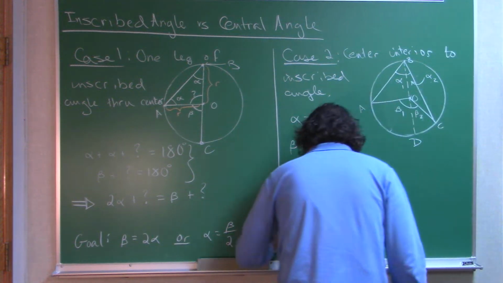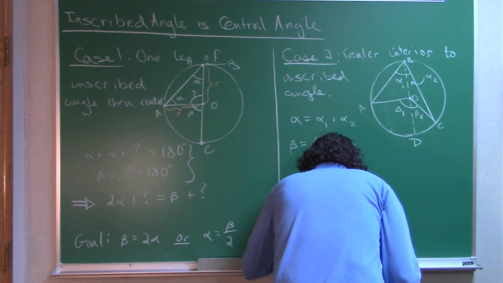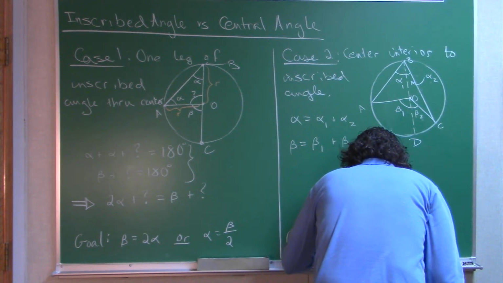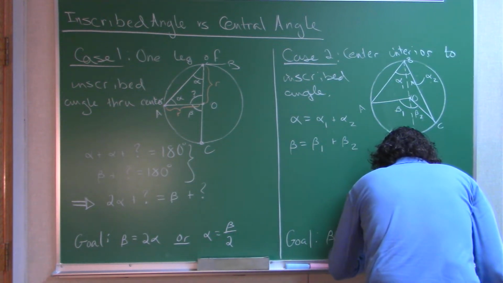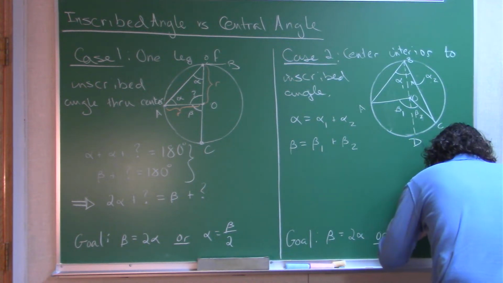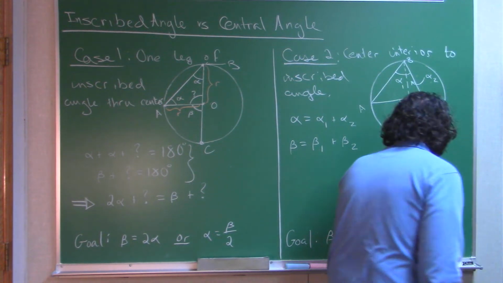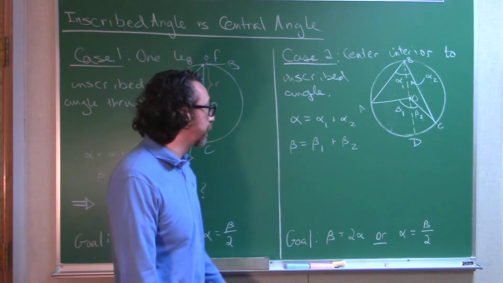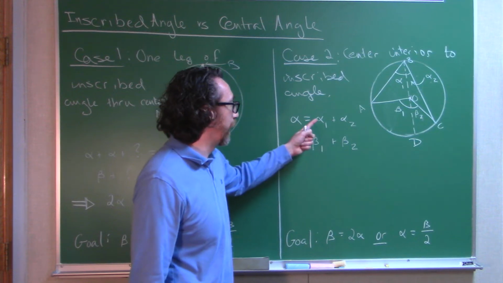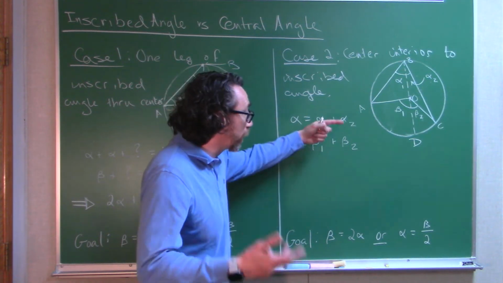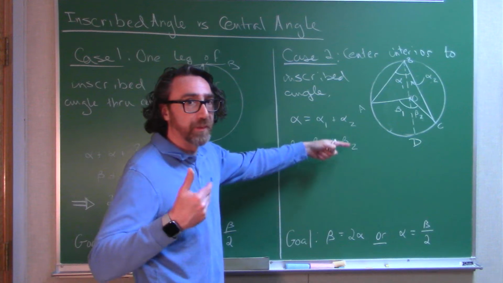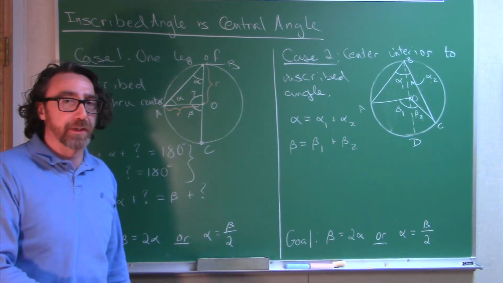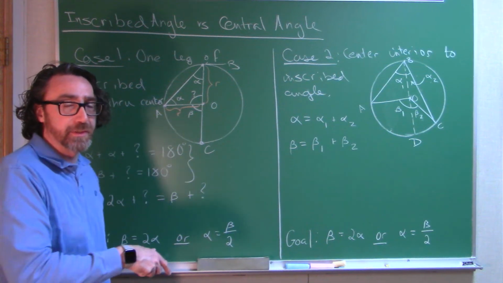Now, of course, once again, you've got to remember my goal is the same thing. My goal is that I want to prove that beta equals 2 alpha, or equivalently, alpha equals beta over 2. So what I'm going to do is apply case 1 to alpha 1 and beta 1, and also apply case 1 to alpha 2 and beta 2, since those two new angles that we created are covered under the previous case.